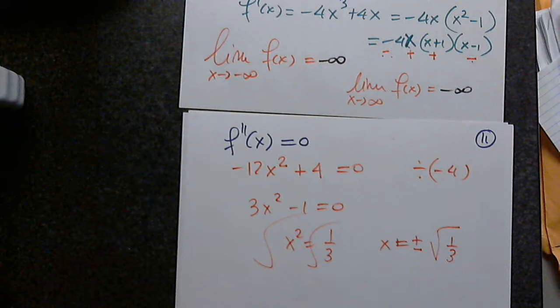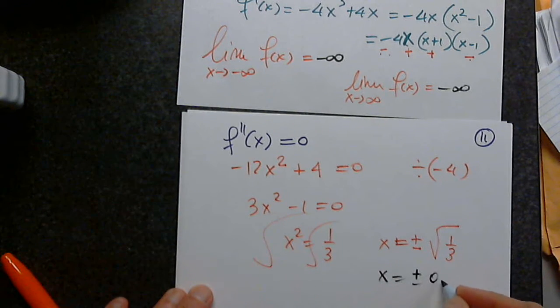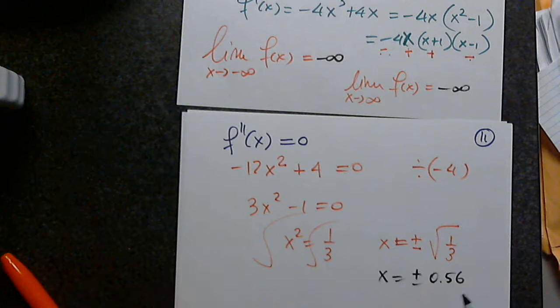Now, things get a little more complicated, so let's take the square root of 1 divided by 3. And I got 0.56. I hope you agree. So x equals plus or minus 0.56.